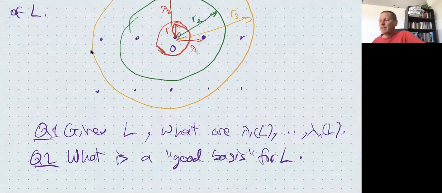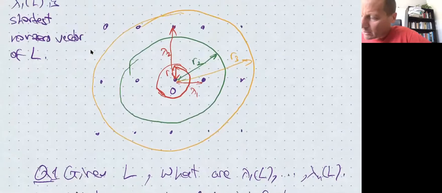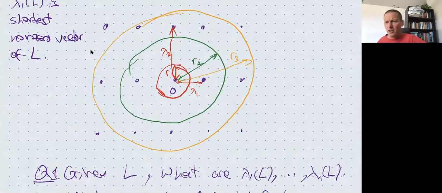We already know that the same lattice can have many different bases. So you might ask yourself, what's geometrically a reasonably good basis for L? What I mean by that is that it's economical to use if you're doing computations with this lattice. So in this particular picture that I drew over here, it seems clear that this first vector and the second vector form a good basis, and their lengths also realize lambda 1 and lambda 2.